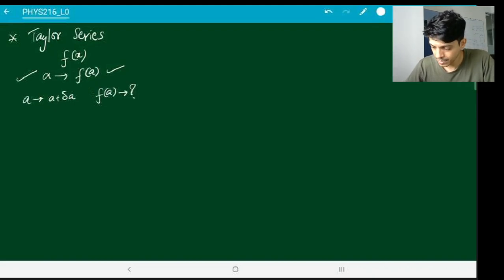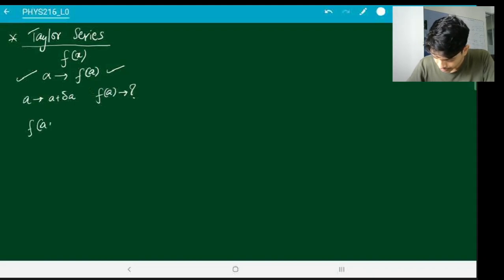And this is given by what is called a Taylor series. We will not derive the Taylor series expansion. It comes from your real analysis. Maybe you'll look at it in your maths course, or maybe you've seen it in your math methods course. So the formula is as follows.